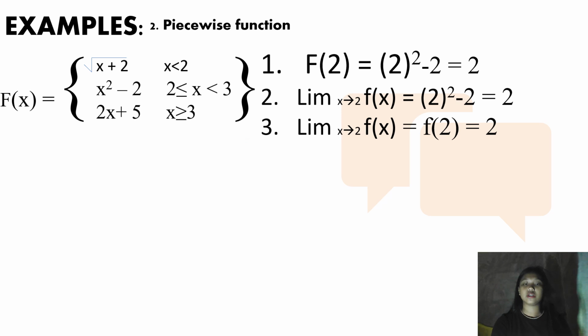The third condition was that the limit of the function is equal to f of x. Here, we can see that the limit as x approaches 2 is equal to f of 2, where f of 2 is equal to 2 and the limit as x approaches 2 is equal to 2, which means that they are the same and they are equal.